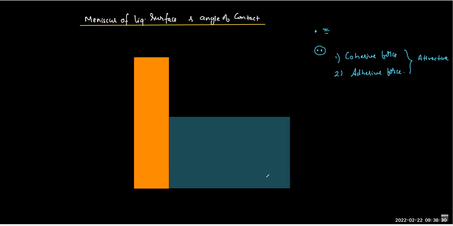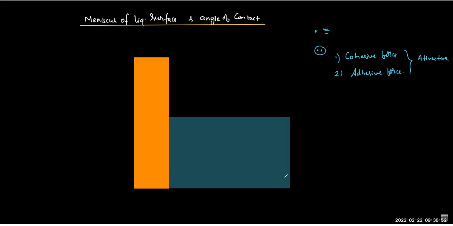The force is between the surface and the Fevicol, and the Fevicol and the laminate. So there are three separate interactions, two adhesive and one cohesive, and that is how they stick together. Cohesive force and adhesive force are attractive forces. That is what we need to remember.